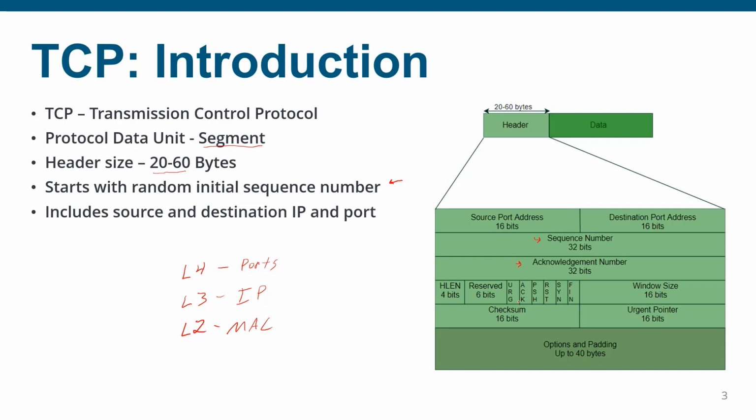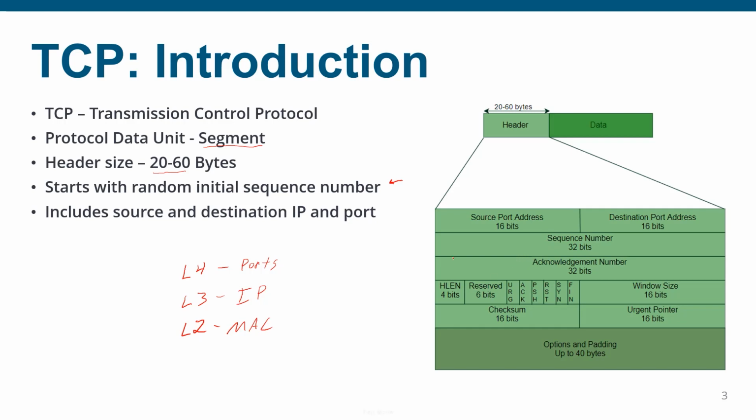Now, the acknowledgement number is the same length as the sequence number because the acknowledgement number is a sequence number. To acknowledge that a particular sequence was received, this acknowledgement number is set to the sequence number that is being acknowledged.